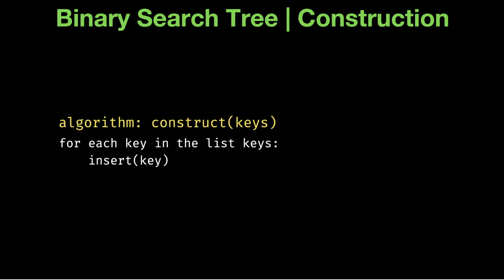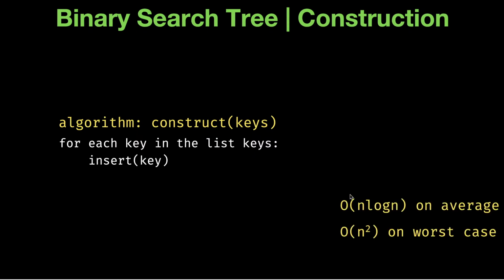Now let us see how we can construct a binary search tree. So construction is quite simple, because we already know how to insert a key into a binary tree, right? So to construct a binary tree with provided keys, we will just take every key from that list and gradually insert it into the binary search tree using the previous algorithm, right? So this is quite simple.